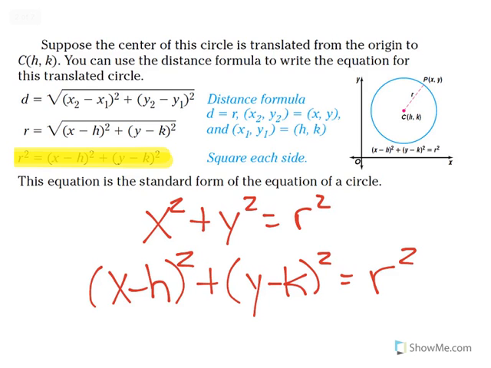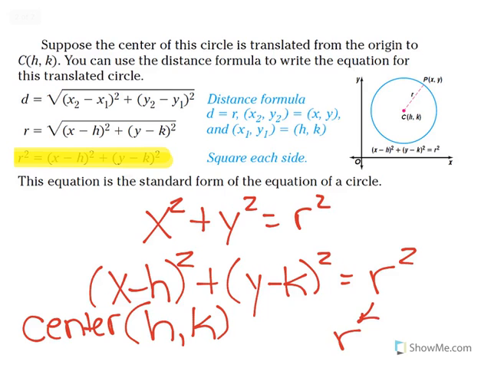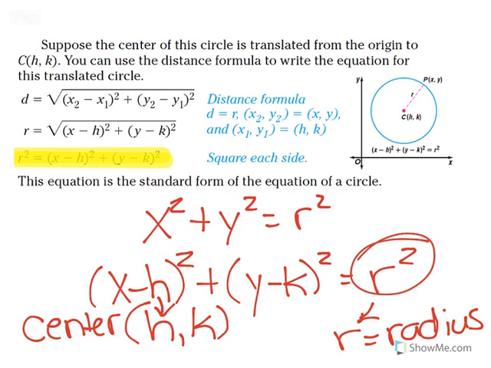And in this case, (h, k) is your center, and r is your radius. So you have to take the square root of that sometimes to find your radius. It's important to know that you're going to take the opposite of what you see to make your center, the opposite of what you see for h, and the opposite of what you see for k.